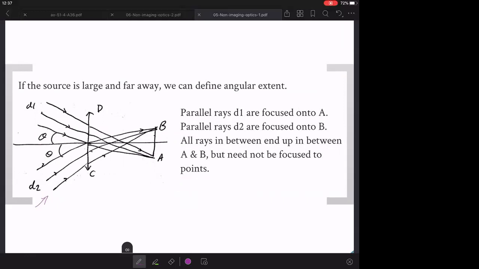And those rays now get focused again to B, and these rays get focused again to A. This is, for example, the situation where you're trying to concentrate light from the sun, and the sun is really far away. In that case, we define the angular extent, a form of field of view, by theta. And it's symmetric. We're going to consider symmetry across this optical axis. This is referred to as the optical axis.